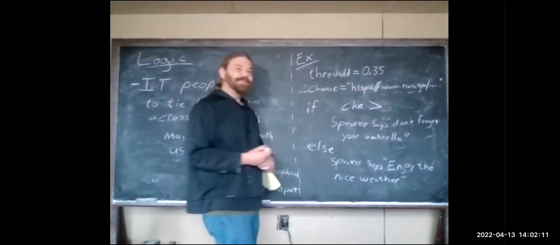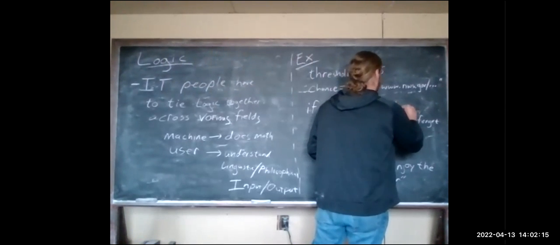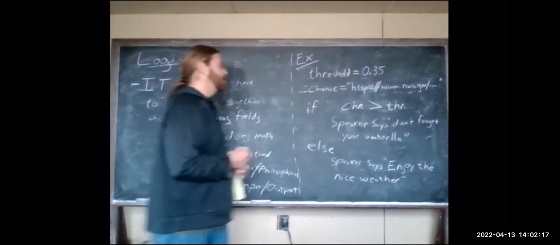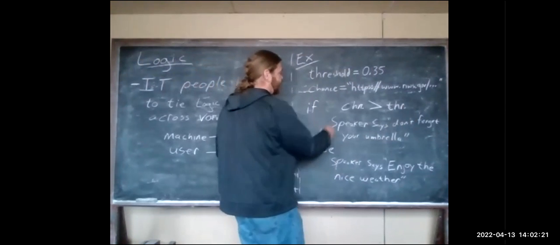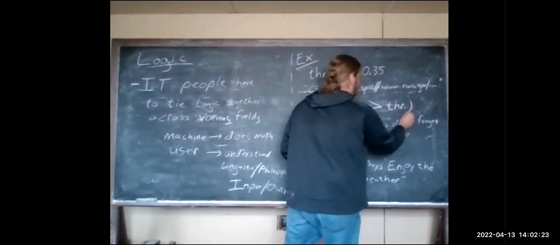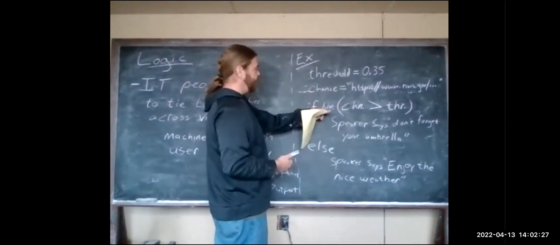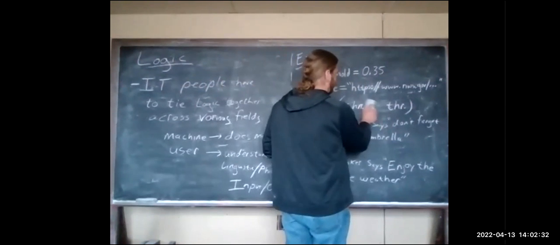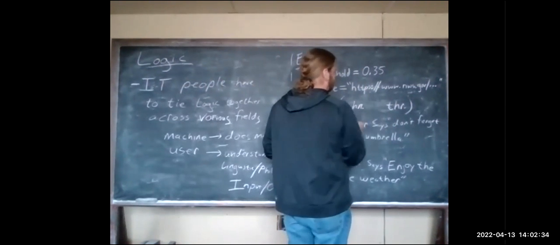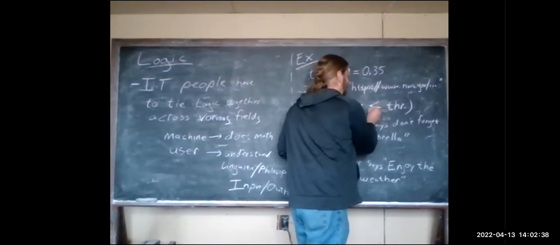If our chance of rain is 50% and our threshold is only 35%, we should have our umbrella. So then to negate it, we put a not out front. And then we can apply not to the operator here. So not greater than would be less than or equal.